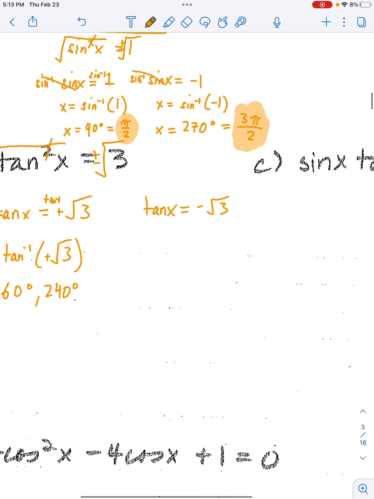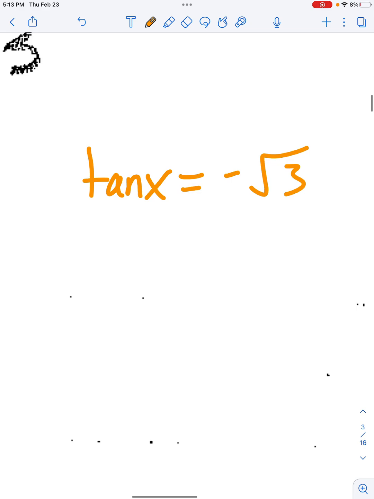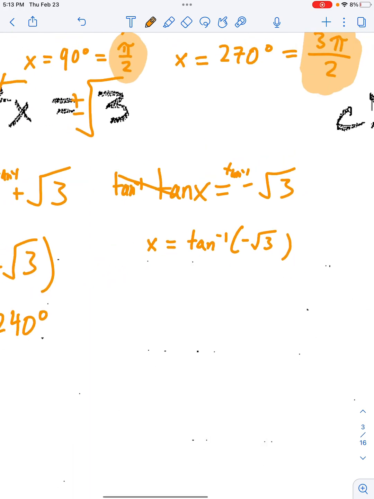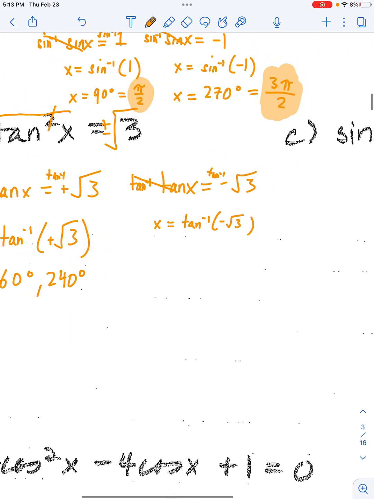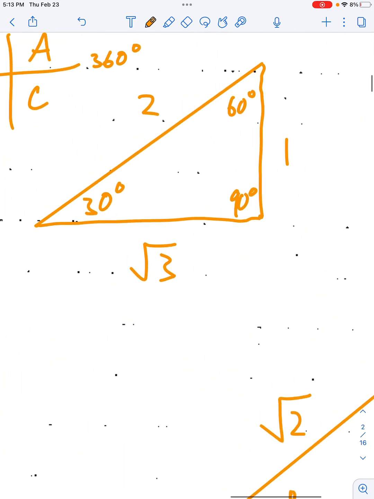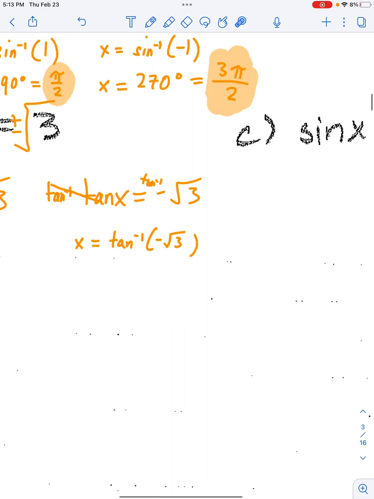All right, let's look at tangent of x equals negative root 3. So x equals the angle whose tangent is negative root 3. If we go up to this triangle, we've got an angle with a tangent of positive root 3, so we're going to use that as our reference angle. We're going to reference 60 degrees.